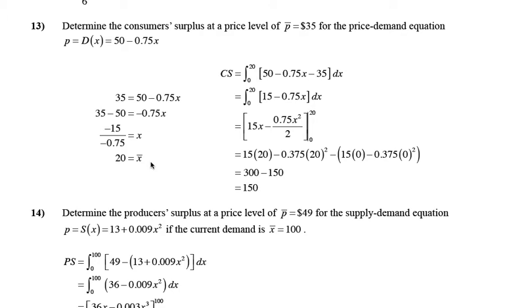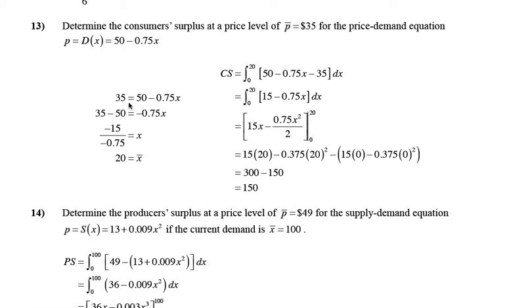The market price you're given is $35, so we substitute 35 for P, and that's going to be equal to 50 minus 0.75x. We set up that equation to solve for x, and that will give us our equilibrium quantity.